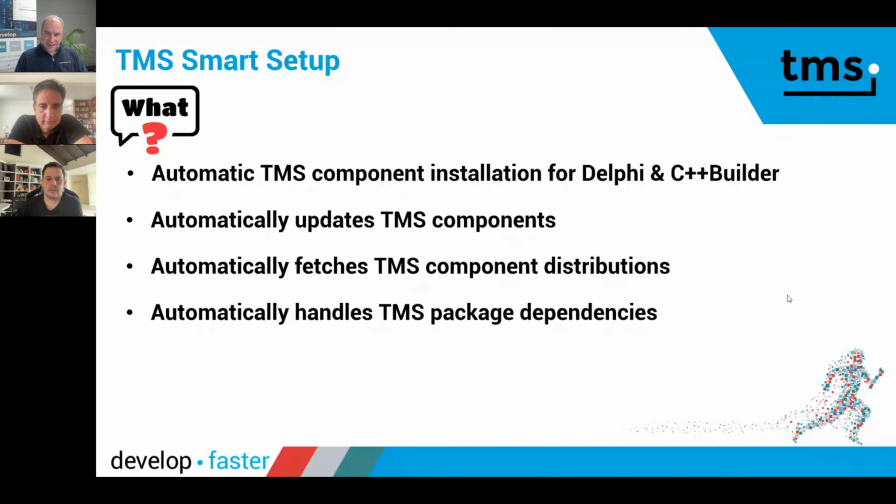As our family of products has grown over time, we've also structured these components to have dependency like FNC Core, for example, or the BIS core package, and also dependencies between FlexCell and VCL UIPack, FNC UIPack, to make the best of both worlds possible. There was an important requirement to deal with package dependencies. And that's what we have also built into TMS Smart Setup to automatically handle this.